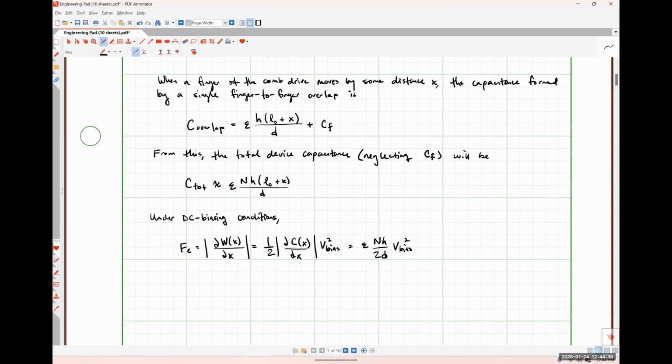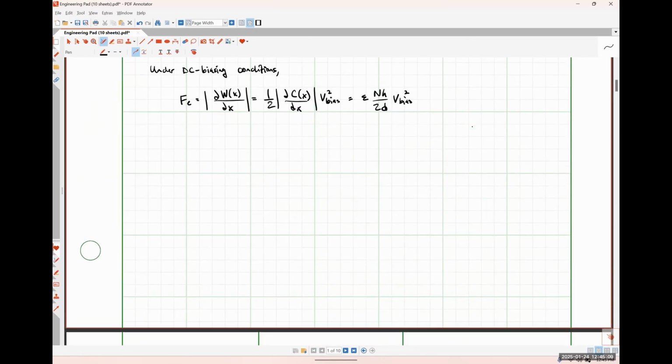One of the principal advantages of a comb drive actuator like this is that the drive electrode can be electrically isolated from a signal electrode. What I mean by that very specifically is we can effectively set up multiple different orientations of fingers. So we might have something like this.